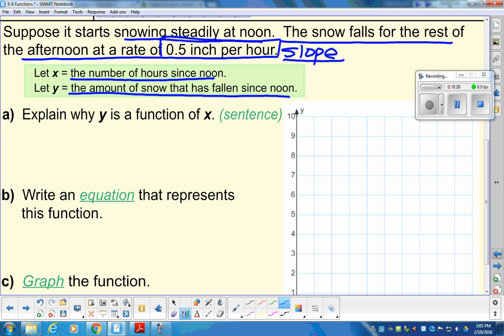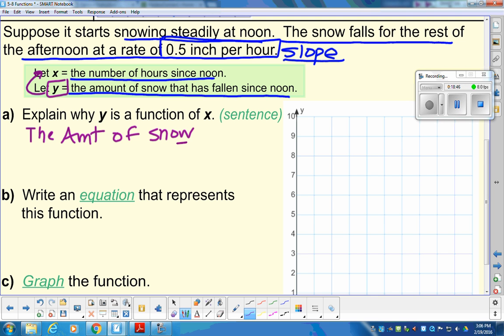So we want to know, why does y depend on x? So we would say that the amount of snow, does it matter how long it's been snowing to figure out how much snow you have? Well, yes, of course it does.